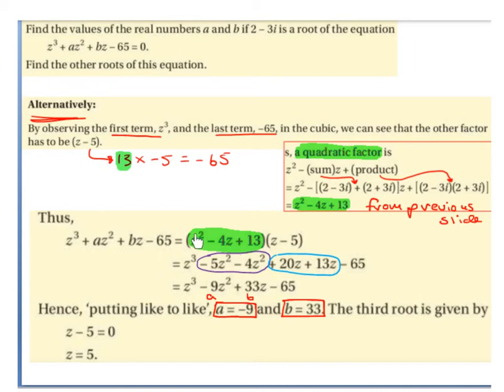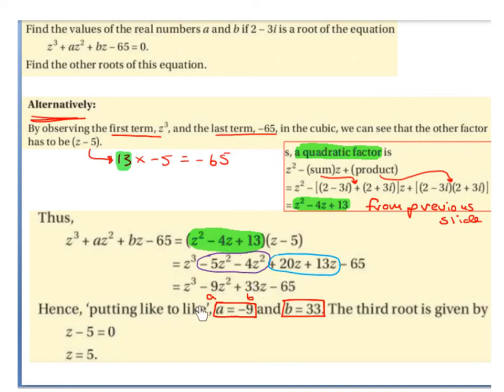Multiplying out the brackets, z squared by z is z cubed, z squared by minus 5 is minus 5z squared, minus 4z by z is minus 4z squared, minus 4z by minus 5 is plus 20z, 13 by z is 13z, and 13 by minus 5 is minus 65. Simplifying, we bring down the z cubed, minus 5z squared minus 4z squared is minus 9z squared, 20z plus 13z is 33z, we bring down the minus 65.